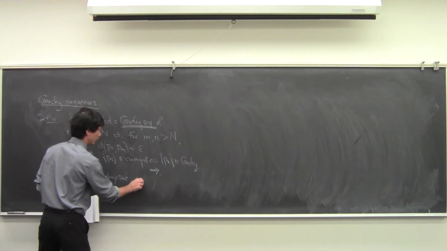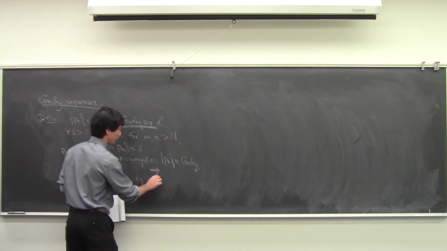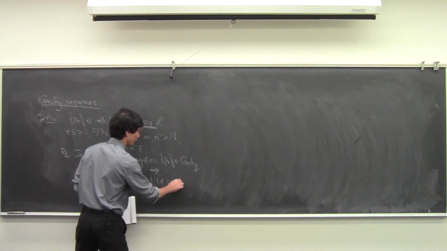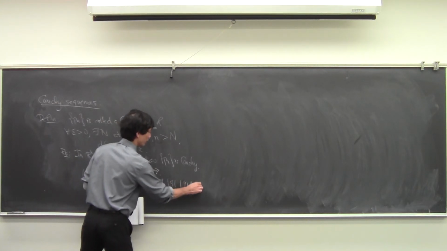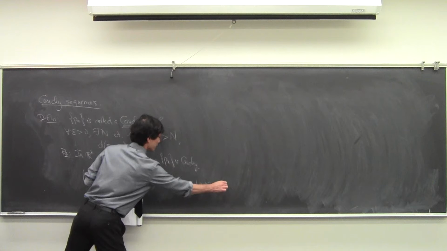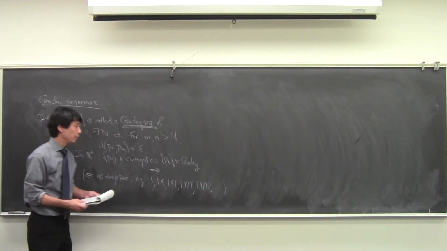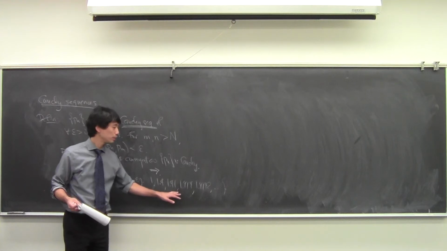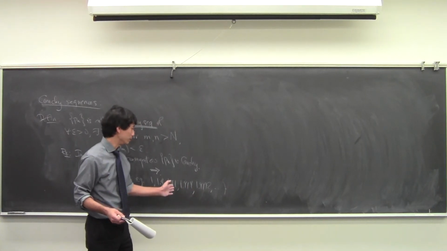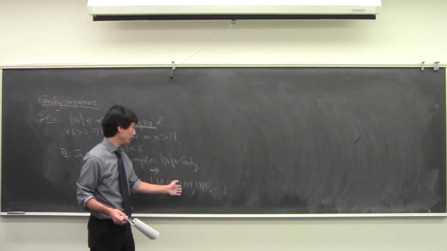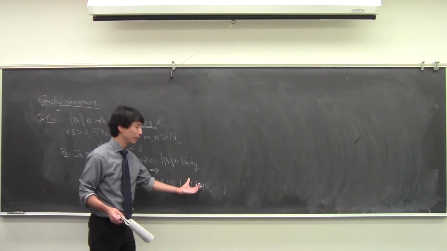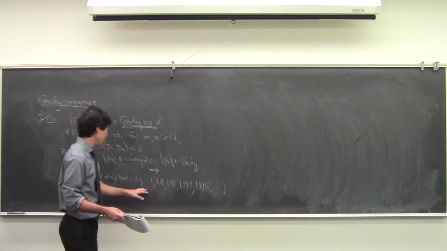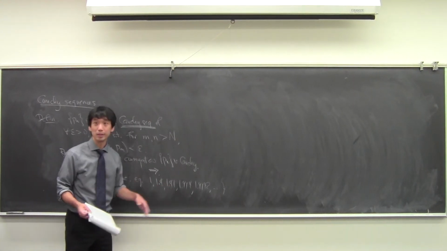For example, the same example we used before, 1.4, 1.41, 1.414, 1.4142, etc. That is a Cauchy sequence. If I want to make these guys close to each other, it's clear enough how to do it. But in Q, this doesn't converge.